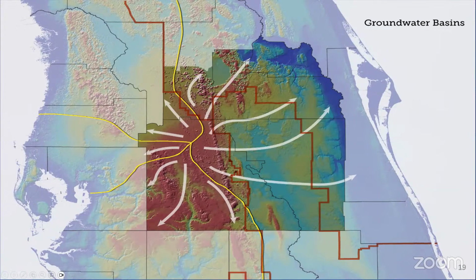In this particular case, the highest groundwater elevations are in north central Polk County, and that's why all of the groundwater flow directions are emanating from that, and they're going off radially in all different directions away from that. But just wanted to point out that in the hydrologic world, there's two different types of flows here. We have surface water and groundwater, and they kind of do their own thing. There's not a lot of interaction between the upper Florida aquifer and these surface water basins.